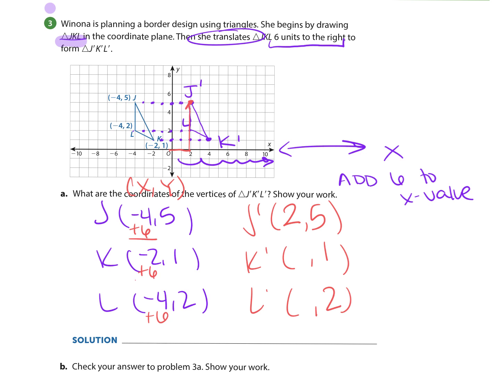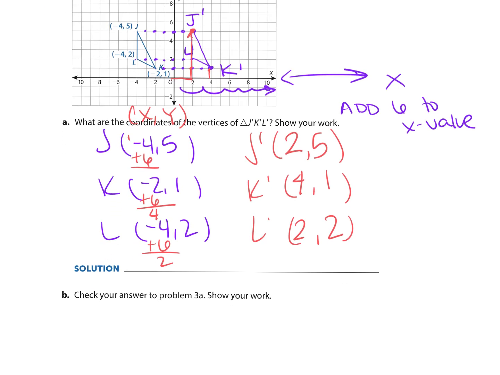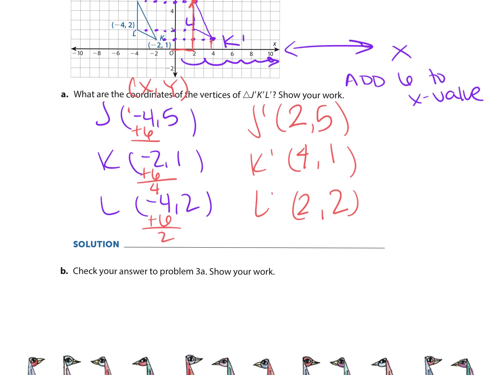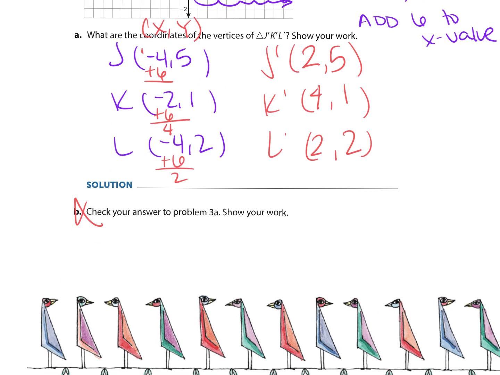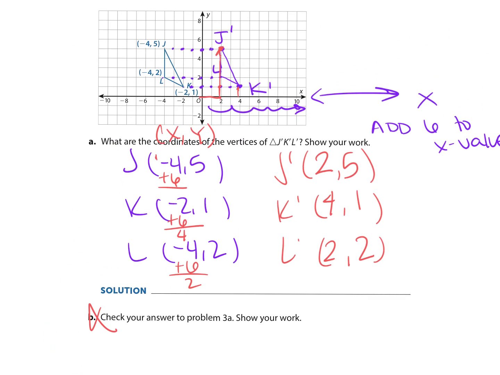If I'm at -2 and I move 6 to the right, it should put me at +4. So let's check K. Yep, it's at 4. If I'm at -4, this is going to be the same as here. I'm going to be at +2. Let's check L. It is at 2. So these are our new coordinates. I'm not sure how we would check that, so we're going to skip that one. And that's it for these 2 pages.